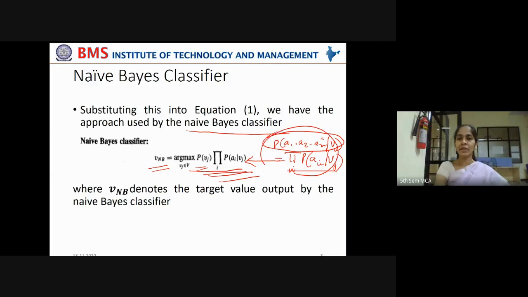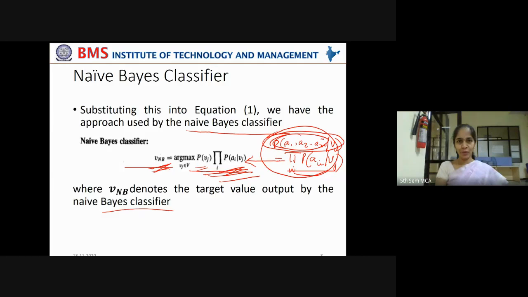This notation you have substituted here, where V NB denotes the target value output by the naive-Bayes classifier. What would be the target value which has the maximum probability of occurring in combination with these attribute values? That will be the outcome value, right? See, it is common sense also. If this combination of attributes appears for this outcome value more number of times, the frequency is more, so the probability is more.